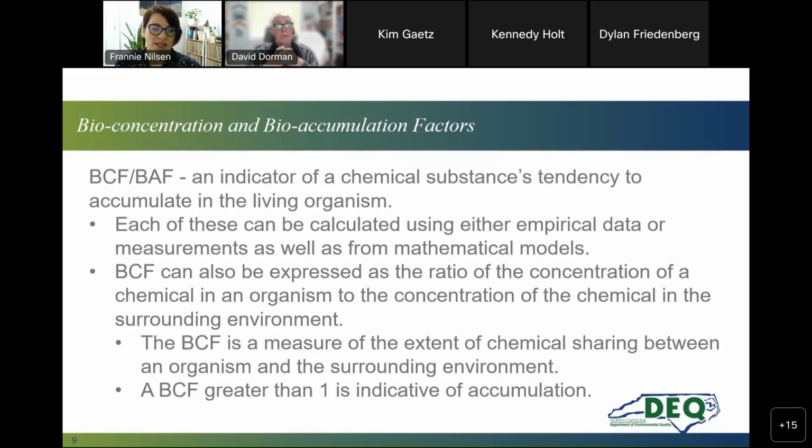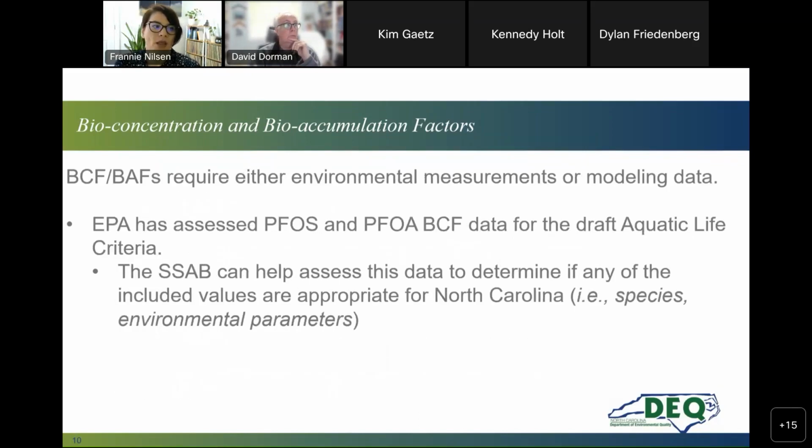This shows us the extent of chemical sharing between the organism and its environment, so the sharing or the accumulation between the environmental compartments. And then a number greater than 1 is indicative of accumulation. And so essentially a ratio greater than 1 means there is the potential for accumulation. These require, like I said, either environmental measurements or modeling data.